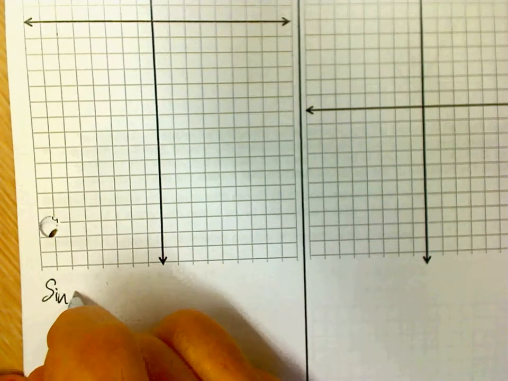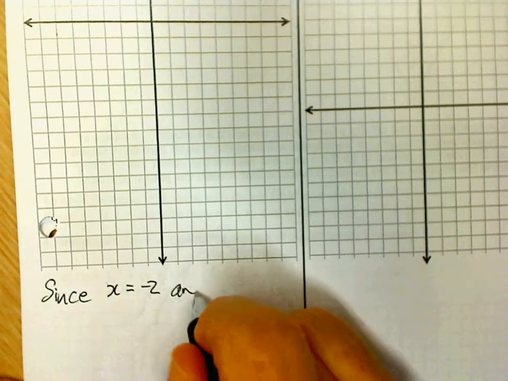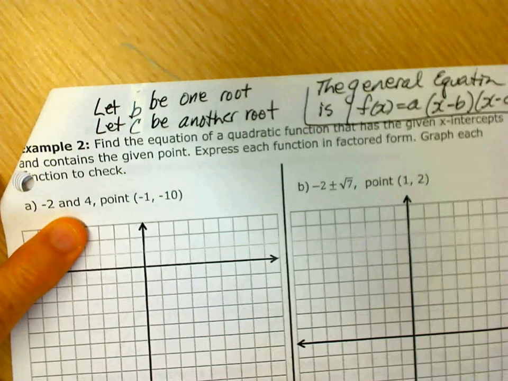Since x equals -2 and x equals 4, they give you the two roots.